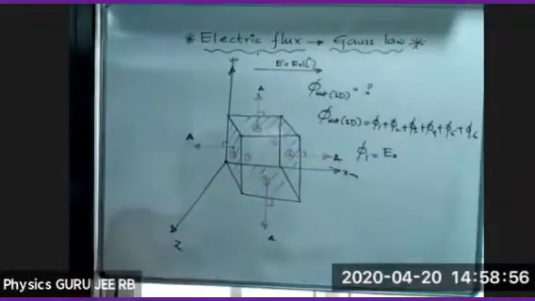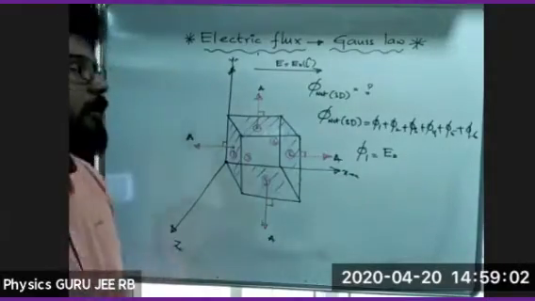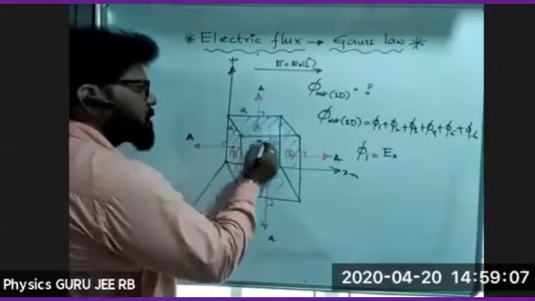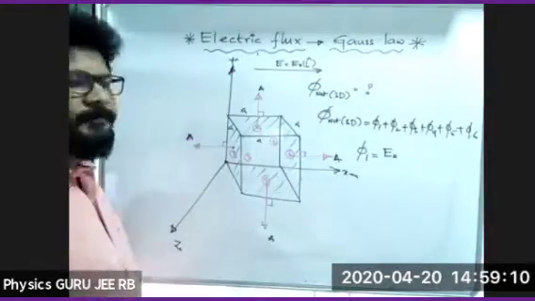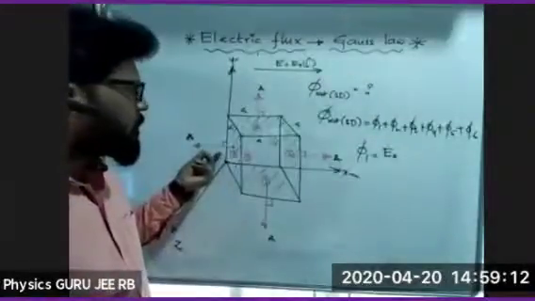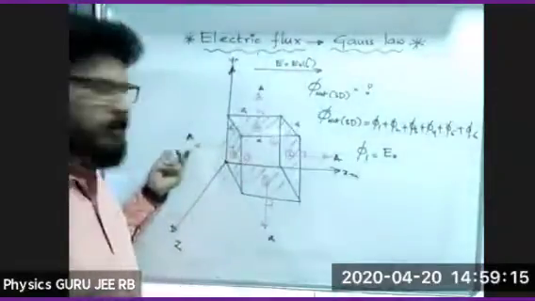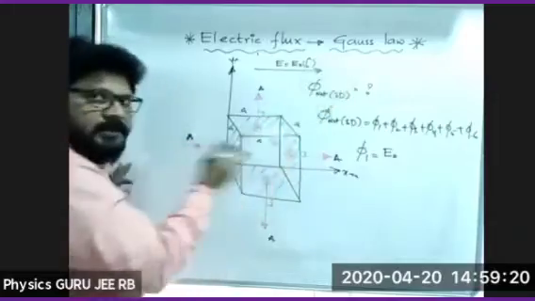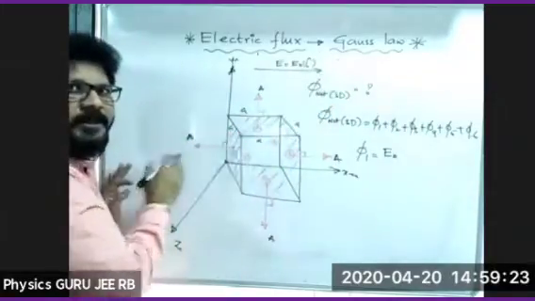What is the angle between the area and the electric field? Can anybody tell? Let us take all sides as A, the cube of side A. What is the angle between the first area and the electric field? This is projecting towards which axis? Negative x-axis. This is positive x-axis, negative x-axis. How much? 180 degrees.